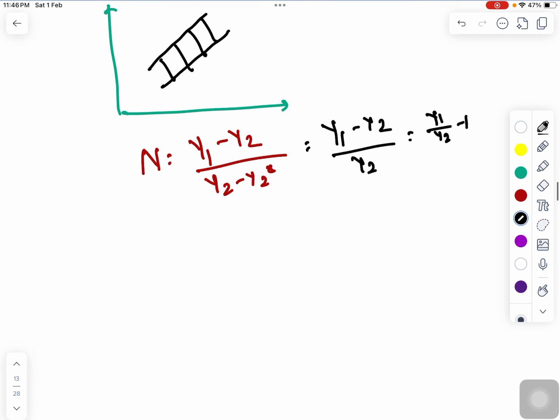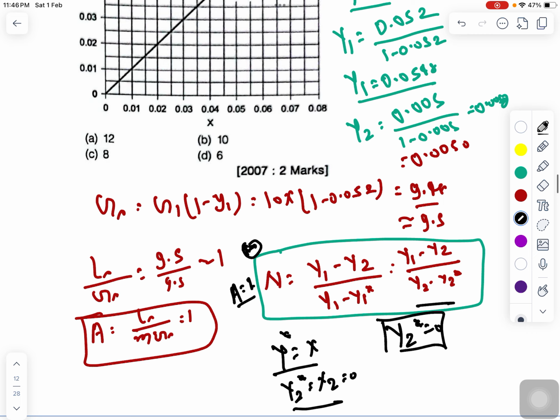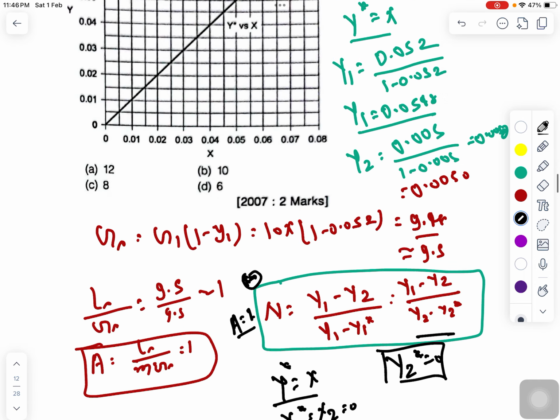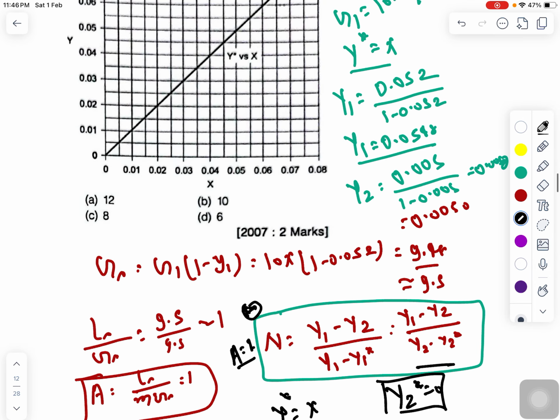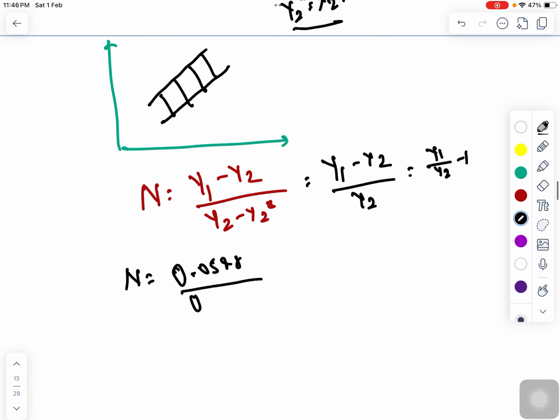So that is n. Now n can be written as, what is y1? Capital Y1 is 0.0548. So I can substitute 0.0548 divided by, what is Y2? Capital Y2 is 0.005, and minus 1.